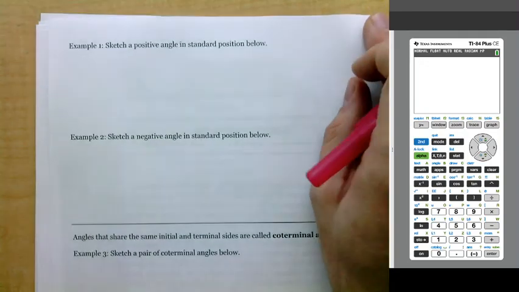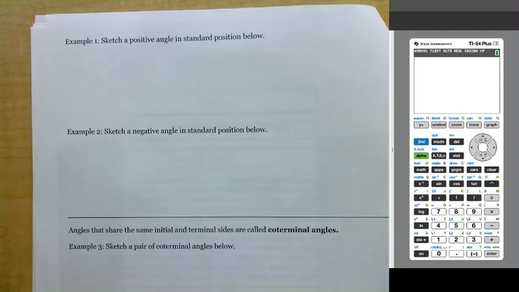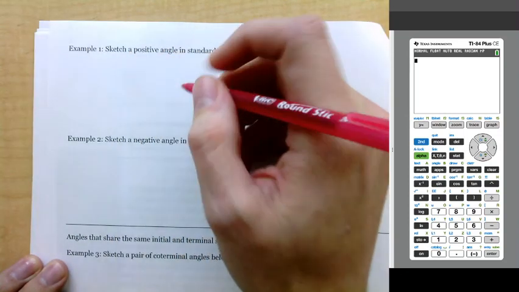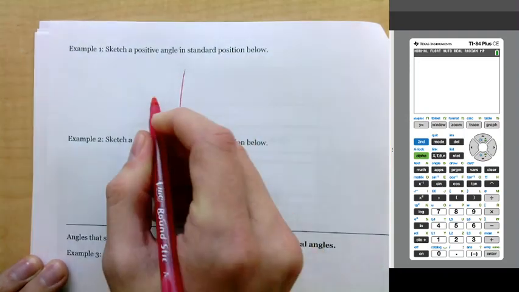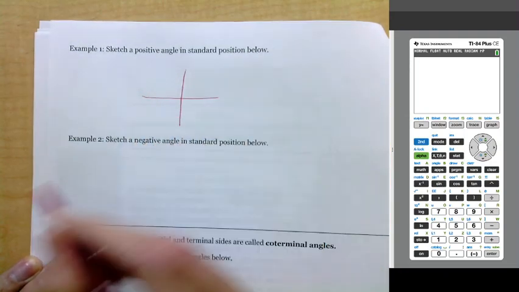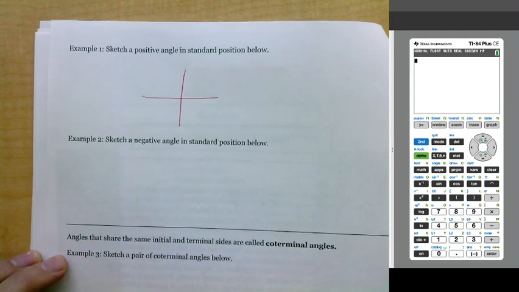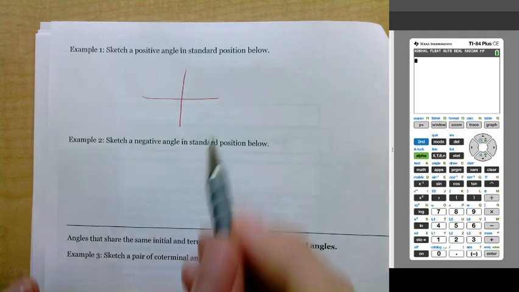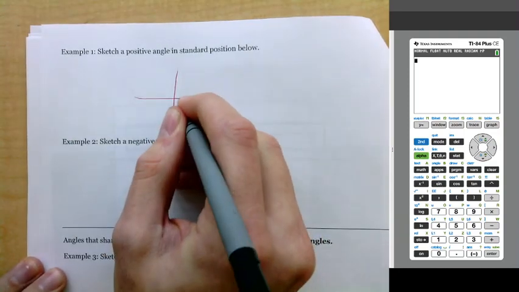Let's turn to the next page here, and we'll go through the first example together. You want to sketch a positive angle in standard position below. Okay, so to sketch in standard position, what you want to do is first get your x and y axes. Now, the initial side is going to be the one on the positive x-axis, so our initial side is going to be here.